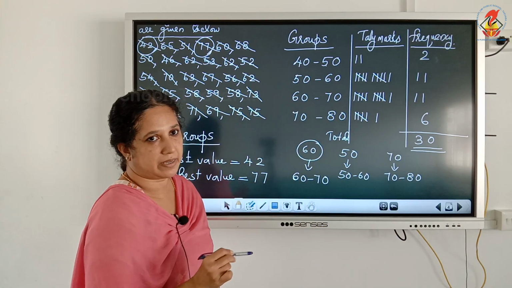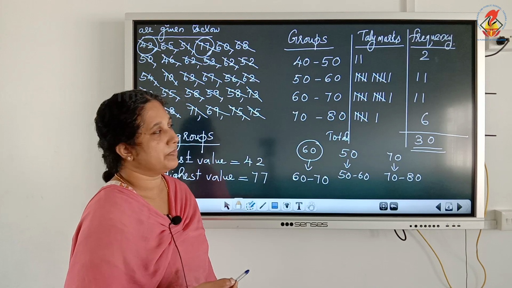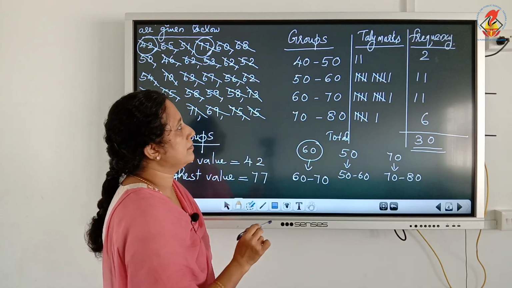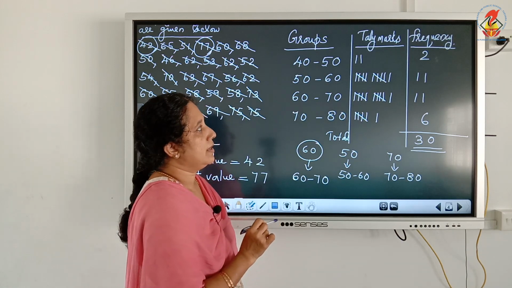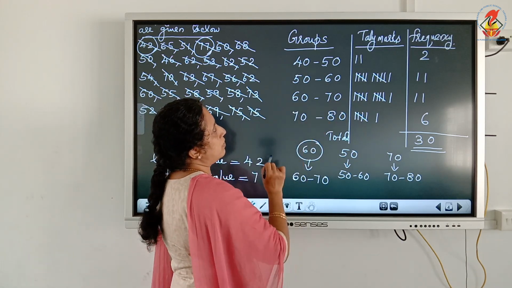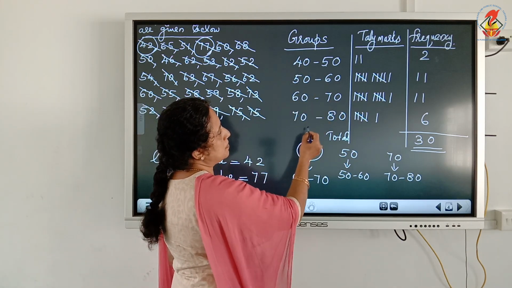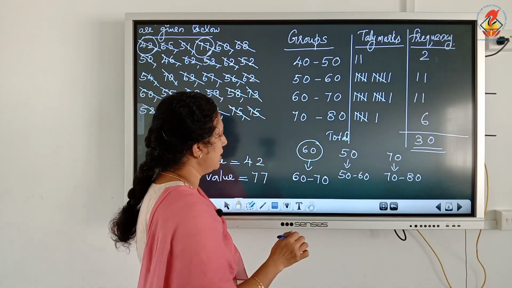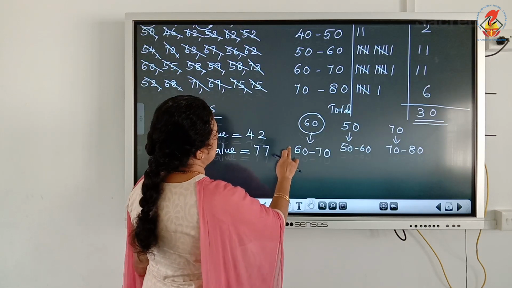So we made the table, we organized the data, we divided the data into different groups and we made the table. The table consists of 3 columns. One is known as groups, the second tally marks and the third frequency. Now look at the groups.